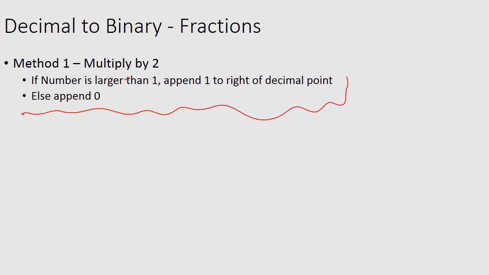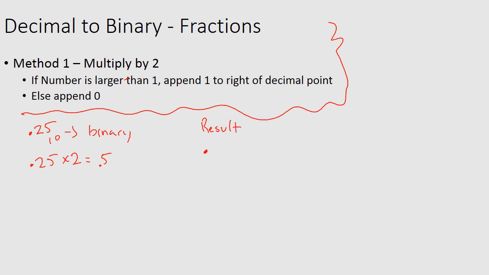So let's do an example. Let's do two examples. Let's convert 0.25 from decimal to binary. And so what we do is, method 1, we multiply that by 2. And so let's put our result over here, and we have our decimal point. So 0.25 times 2 is 0.5.